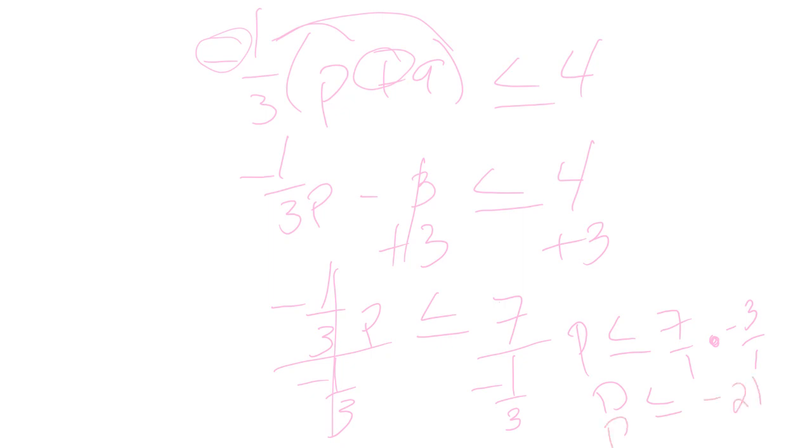Flip your sign. P is greater than or equal to negative 21. And if I were to graph that, I'll put it on top because I'm running out of space. Negative 21, closed circle, p is greater than. All right, so that is chapter 4.